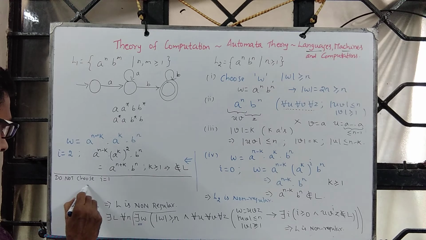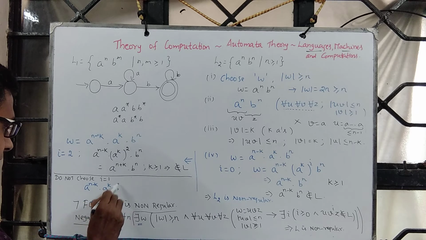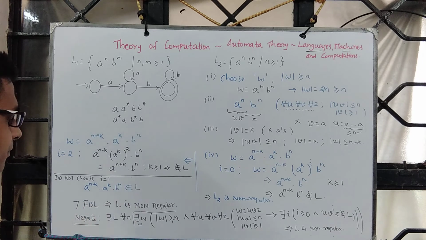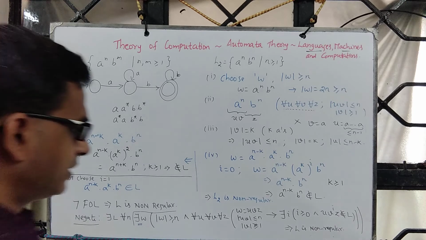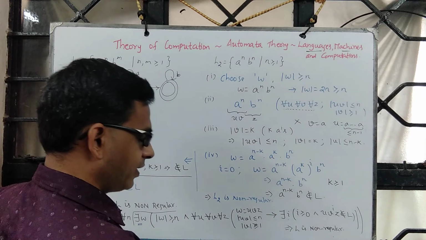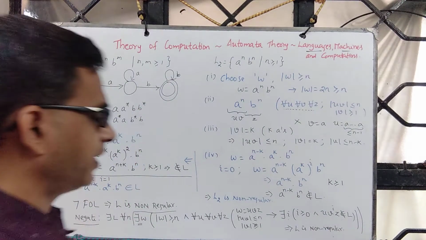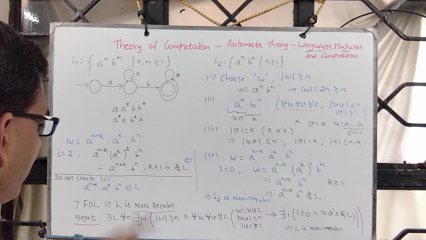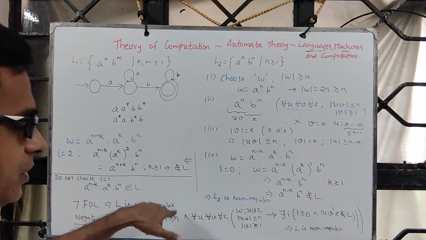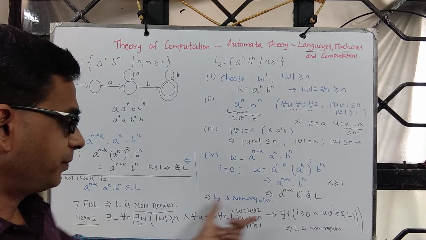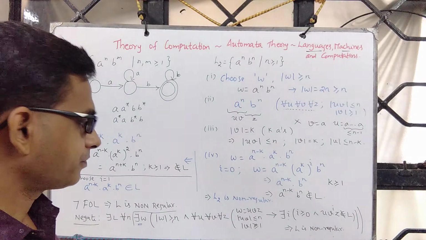You will get a power n minus k times a power k times b power n, but this one belongs to L. But what we want is to choose one i such that u v power i z is not in L. So one has to carefully choose i, for which we get the true value for the premise of this statement.